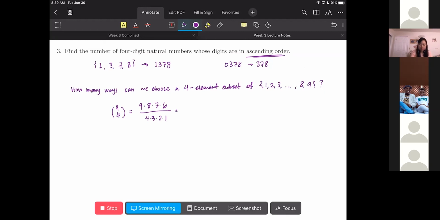And then I believe this turns out to be 126. We can cancel this out. Any questions about this? I know this one's a little bit trickier.